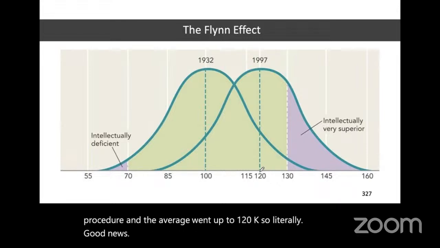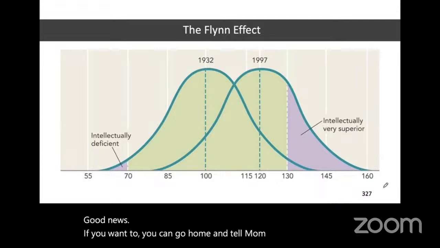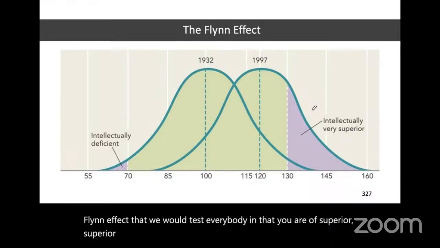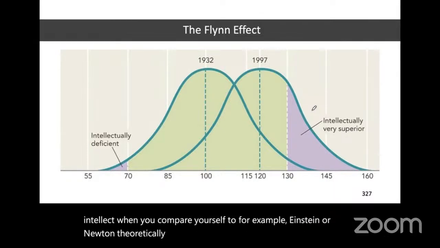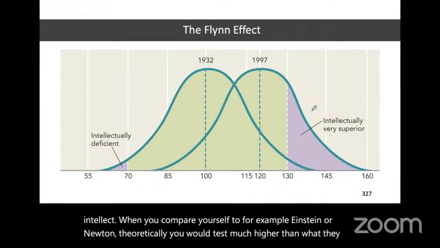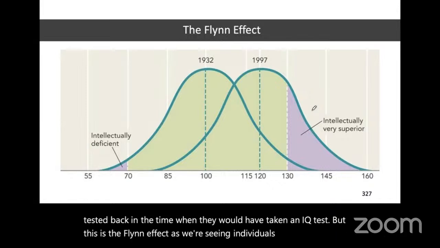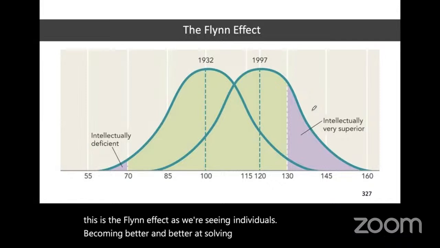If you want to, you can go home and tell mom and dad that by this Flynn effect you are of superior intellect when you compare yourself to, for example, Einstein or Newton. Theoretically, you would test much higher than what they tested back in the time when they would have taken an IQ test. But this is the Flynn effect: we're seeing individuals becoming better and better at solving these tests on intelligence.